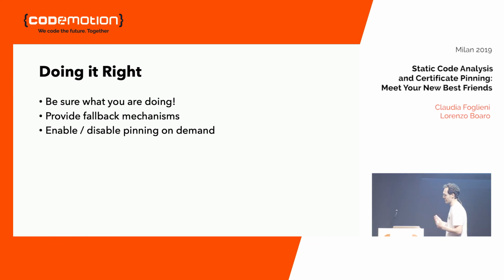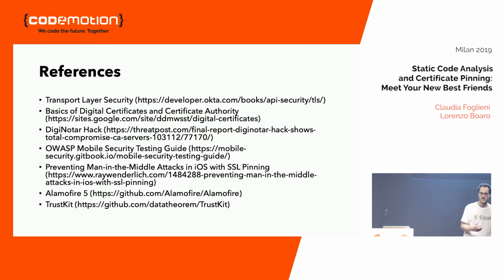You could also have a mechanism to enable and disable certificate pinning on demand. Maybe you can host some configuration somewhere for your application, and then you can switch the certificate pinning on and off, because if the certificate pinning doesn't work anymore, your customer will not be able to use the application.